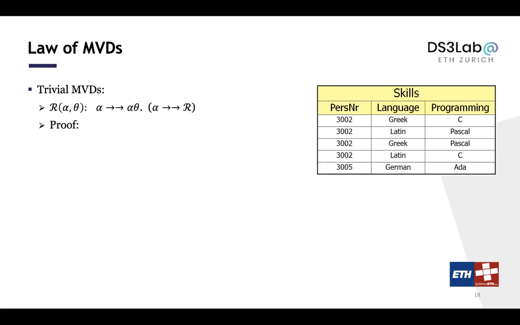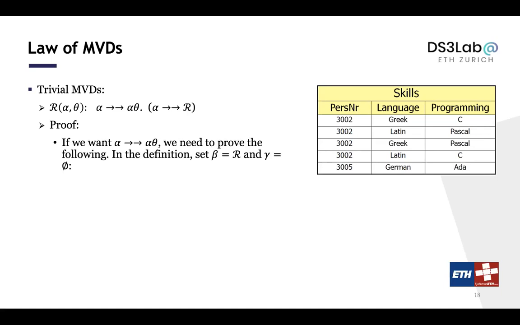The proof of this is actually pretty simple. If you want to prove there is an MVD from alpha to alpha theta, what we need to prove is the following. We need to go back to the definition. Beta is actually the whole relation R, and gamma, the other side, is empty in this case.